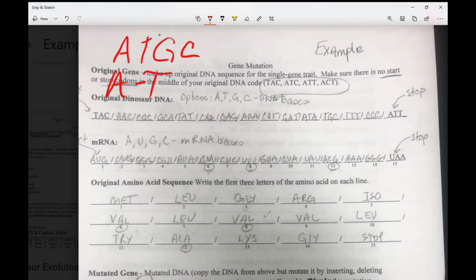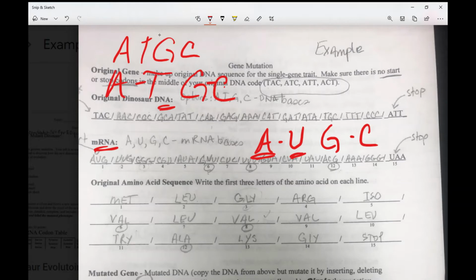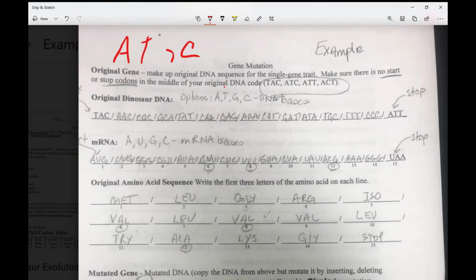A goes with T, G goes with C. Now, because I'm going from DNA to mRNA, my code is now A, U, G, C. So every time I have an A, I'm going to put a U. Every time I have a G, I'm going to put a C. Anytime I have a C, I'm going to put a G. Anytime I have a T, I'm going to put an A. Okay? In the case of what we're doing right now, we're making the mRNA strand based off the DNA strand, because DNA can't leave the nucleus, but mRNA can.